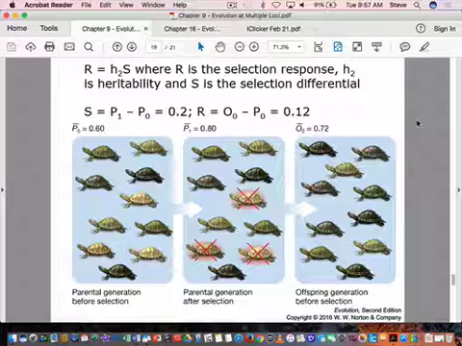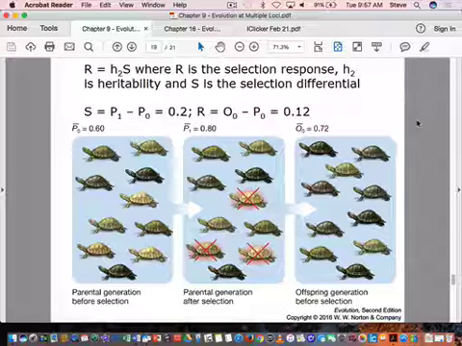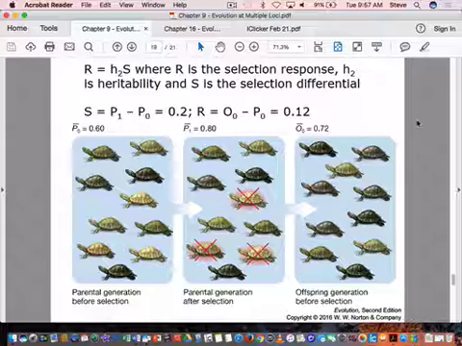Again, you're not going to have to do this, but the key is that this trait shifted in one generation from 0.6 to 0.72. So there's been a response to selection, and there's some heritability there. The genes for increased, darker coloration influenced that trait, and it increased in frequency.